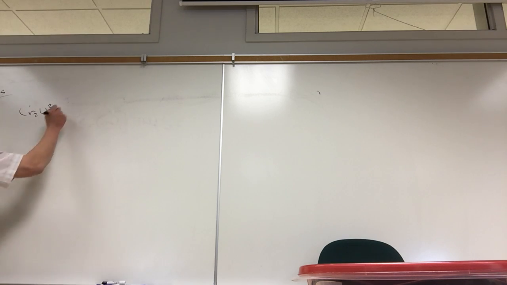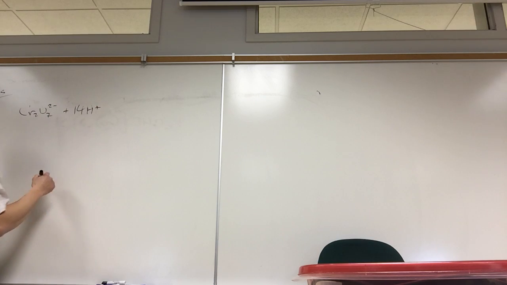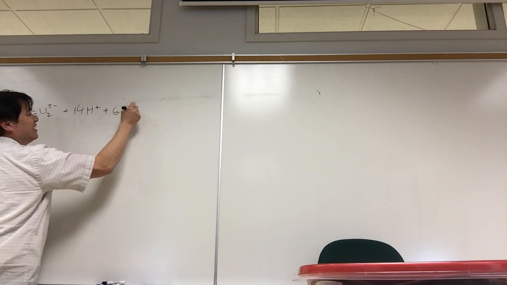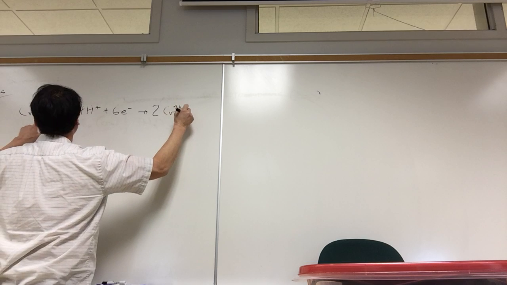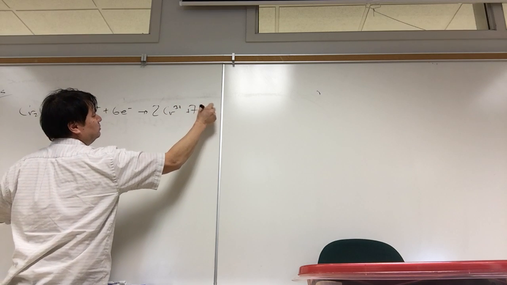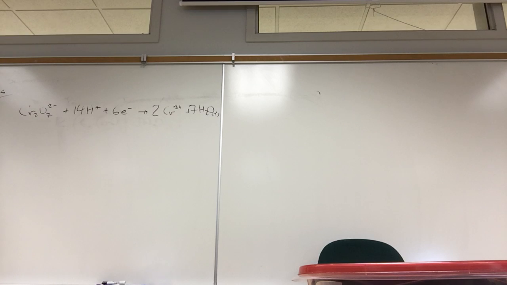All right, and so it's just going to be what? Plus 14H plus, plus 6 electrons is going to yield 2 chromium 3 and 7 waters. After you see a pattern, you can balance these quite quickly in your head. Somebody was asking me if they could balance it in their head, but I said no because I want to see the work.